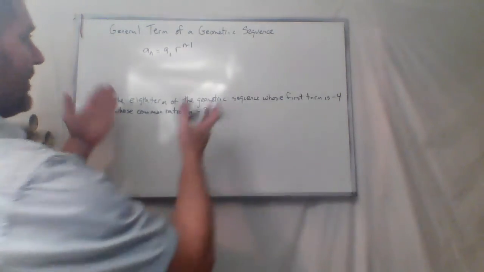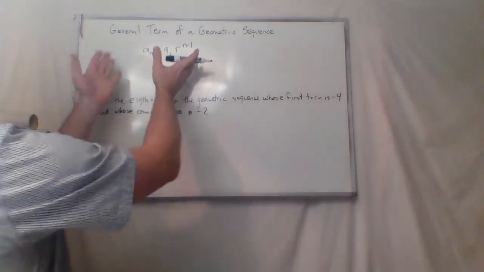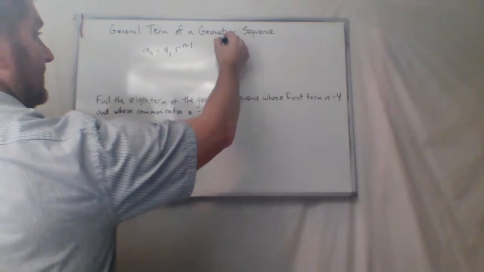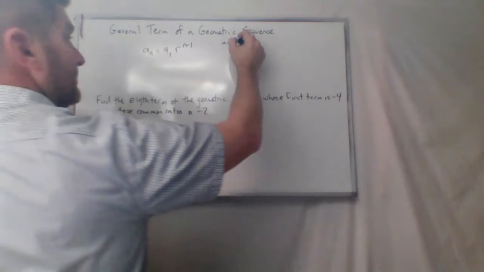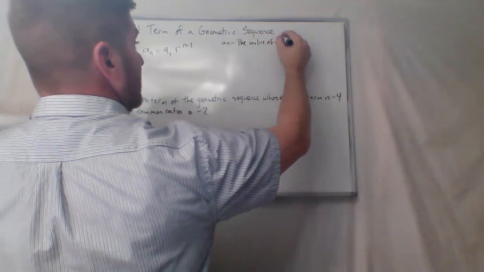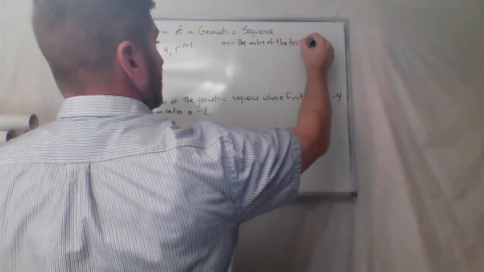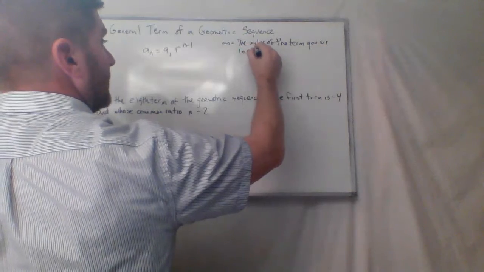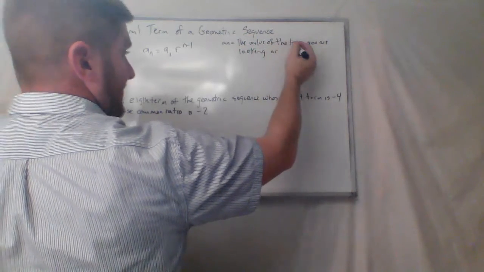All right, but that's where we come up with this general term formula right here. A sub n again is the term you're looking for, so it's the value of the term you are looking for, or it's the last term.